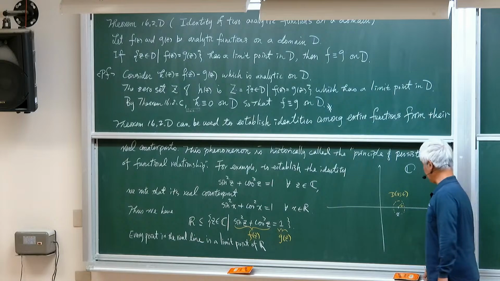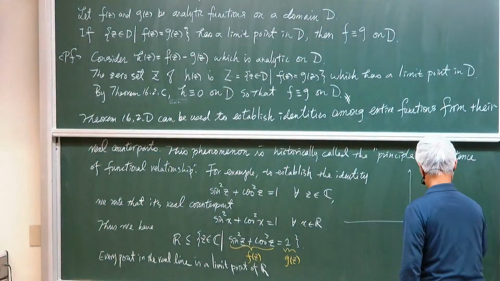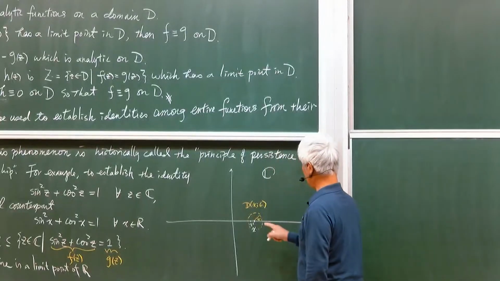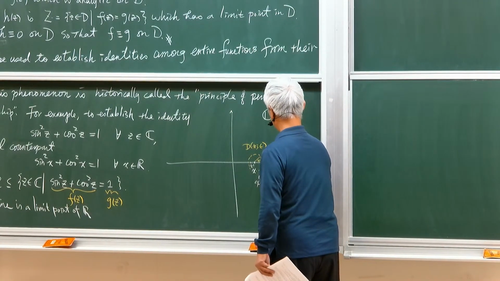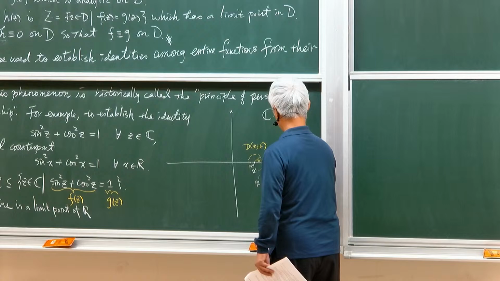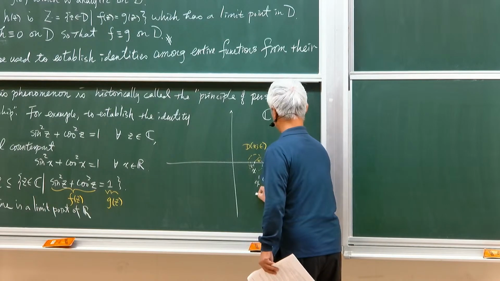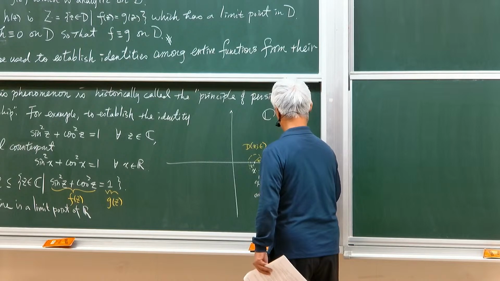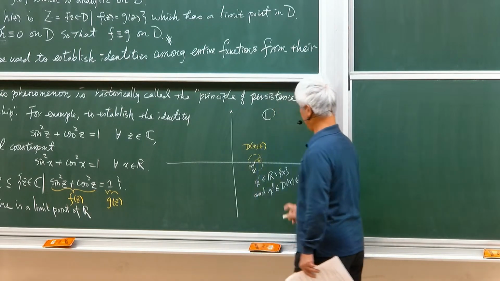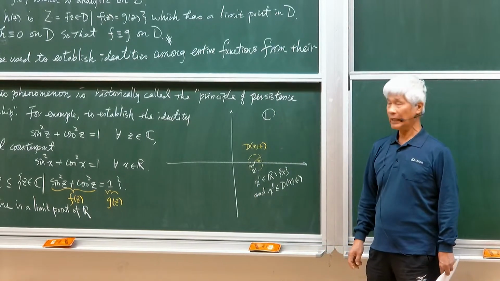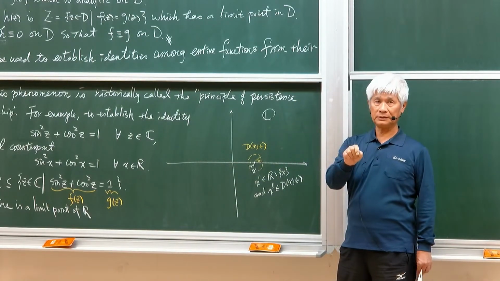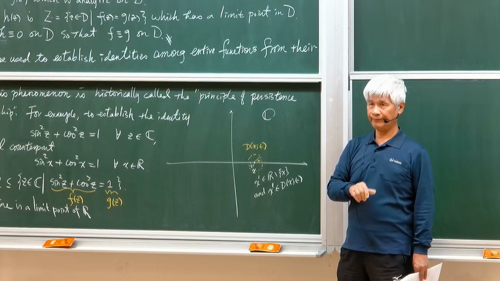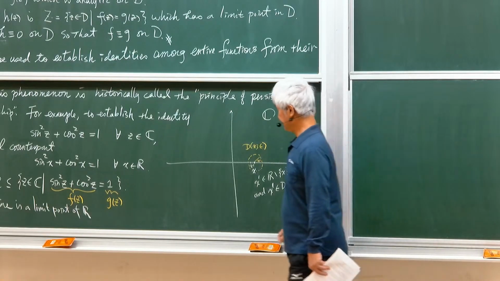So you can find, say, x prime in the neighborhood. So every point on the real line is a limit point of the real line.